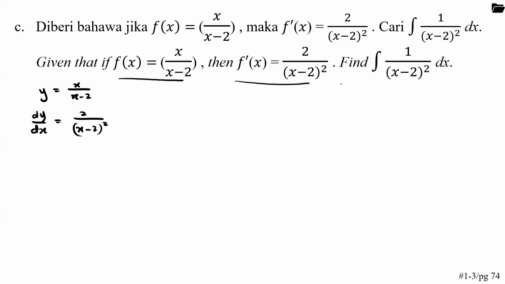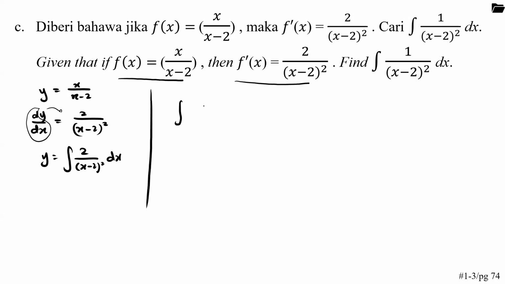But the question wants the integration, and my information in hand is differentiation. So I have to change this into integration first so that it is easy to compare. I shall bring the differentiation over to the other side. So y equals the integral of 2 over (x minus 2) squared dx. Okay, I got this. Now I can answer the question.